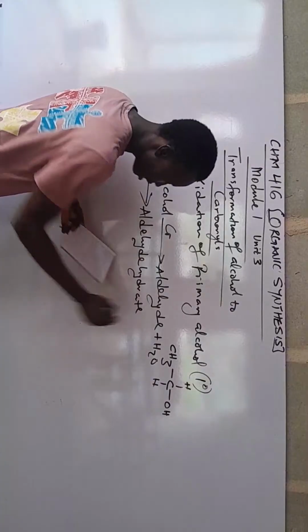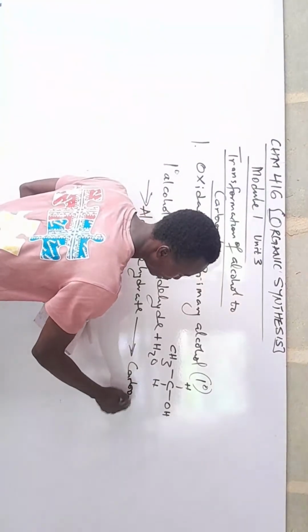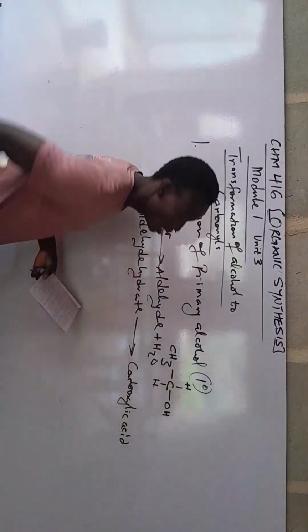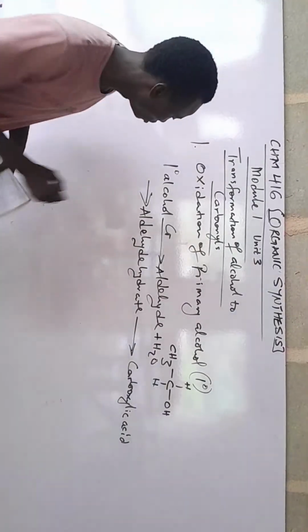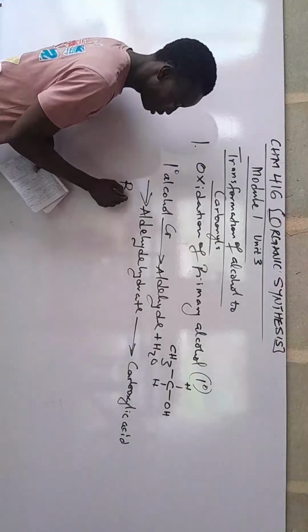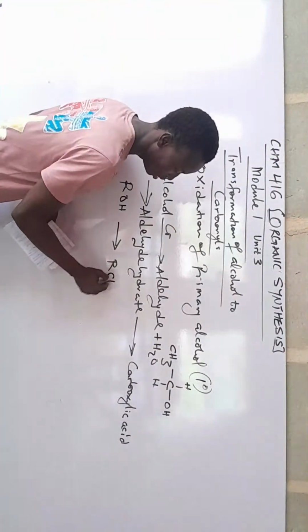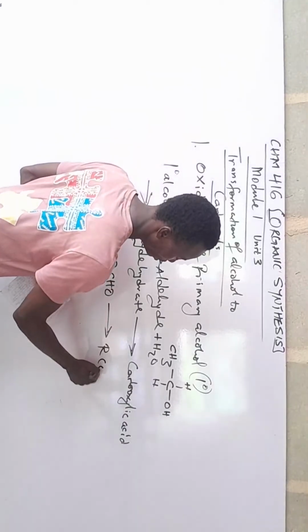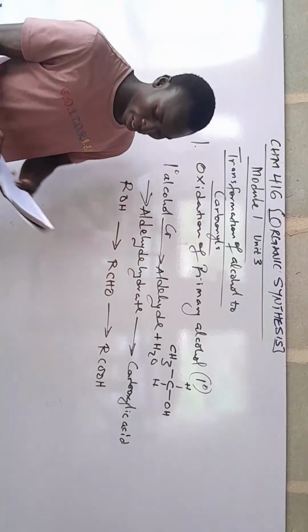These aldehyde hydrates can then be converted to carboxylic acid as the last product. This is the process involving complete oxidation: at first ROH is converted to RCHO, and eventually converted to RCOOH.